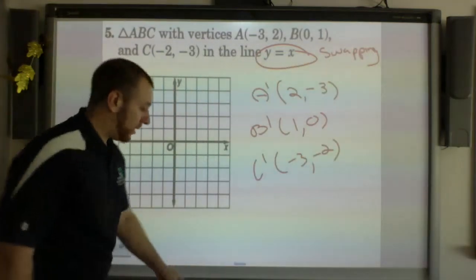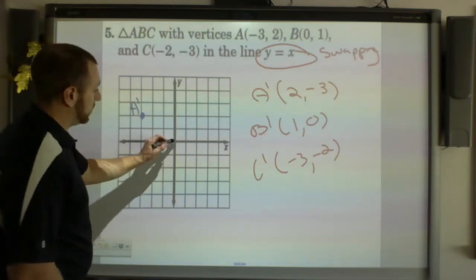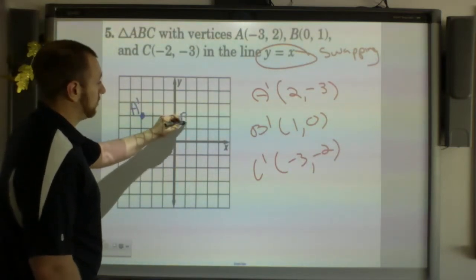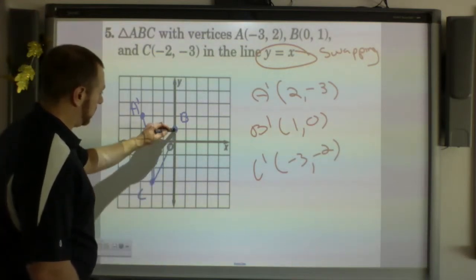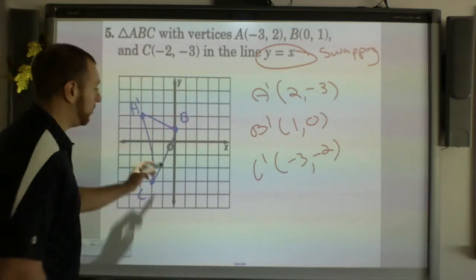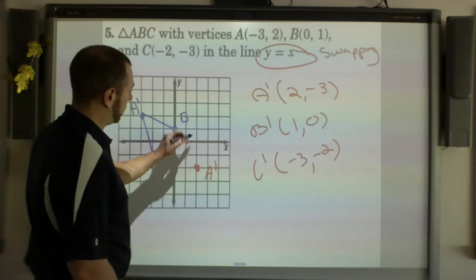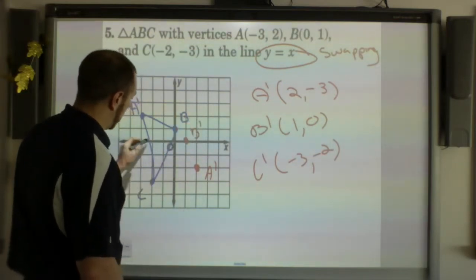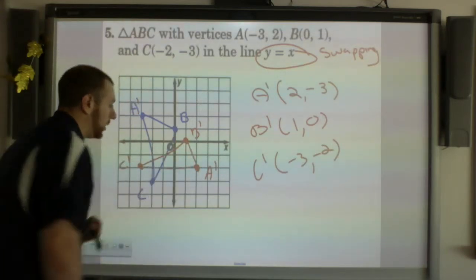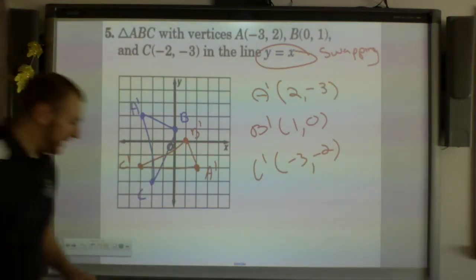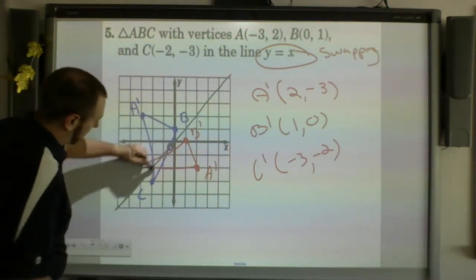So if I plot my original, -3, 2; 0, 1; and -2, -3, when I flip it, it becomes 2, -3; 1, 0; and -3, -2. And all I really did was reflect it in this diagonal line that cuts it right in half.